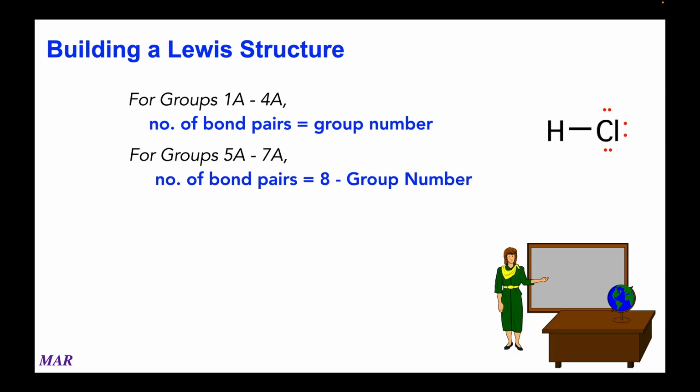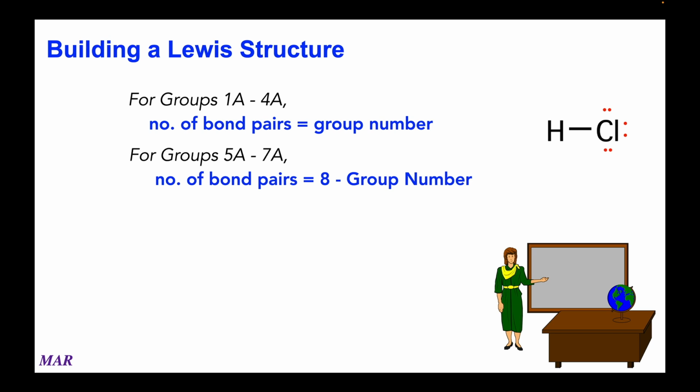So if you're going to build a Lewis structure like HCl or H2O or any other combination, generally speaking, the number of bonding pairs around an atom that's in group 1A through 4A will equal the group number. On the other hand, if you have an atom which is 5A through 7A, like chlorine, for example, the number of bonding pairs will equal 8 minus the group number.